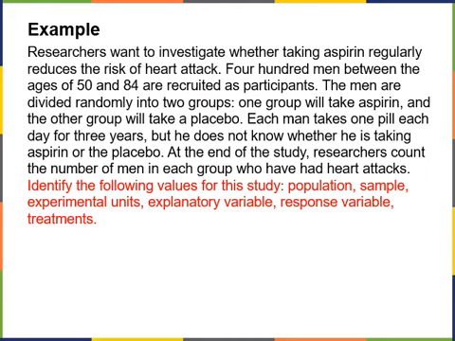For example, researchers want to investigate whether taking aspirin regularly reduces the risk of a heart attack. 400 men between the ages of 50 and 84 are recruited as participants. The men are divided randomly into two groups. One group will take aspirin, and the other group will take a placebo.